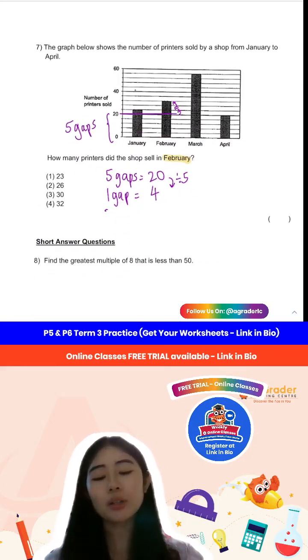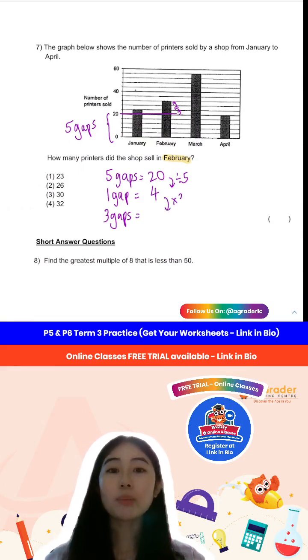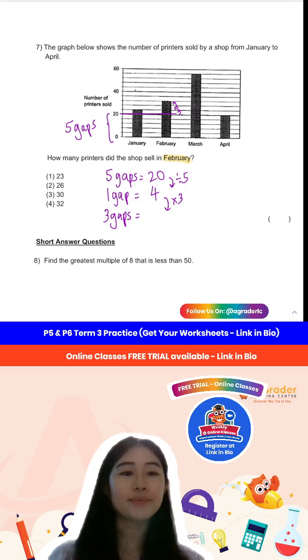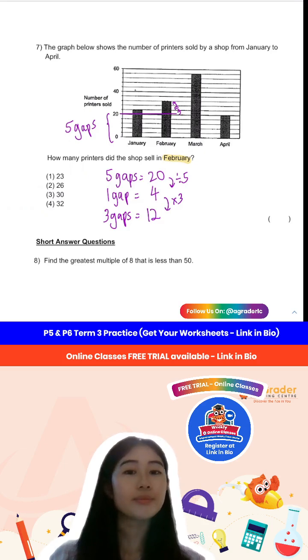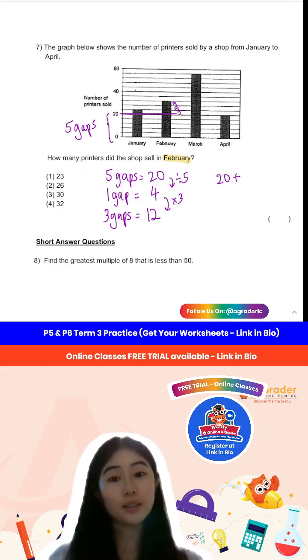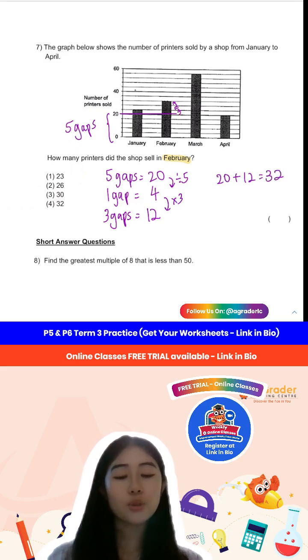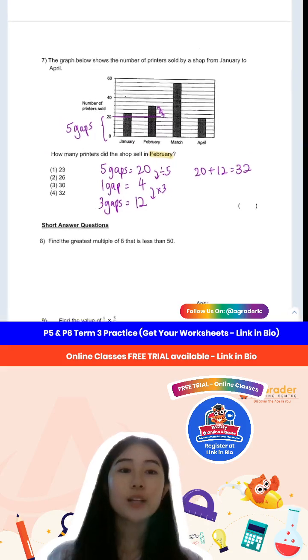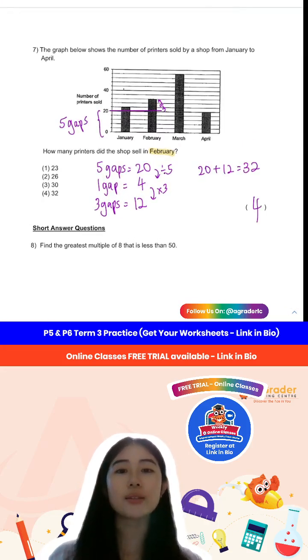I calculate 3 gaps first by multiplying by 3, so that is 12. Remember we started from 20, so you use 20 plus the 3 gaps, which is plus 12. That gives you 32. Most of you are correct. 32 is option 4 as your answer.